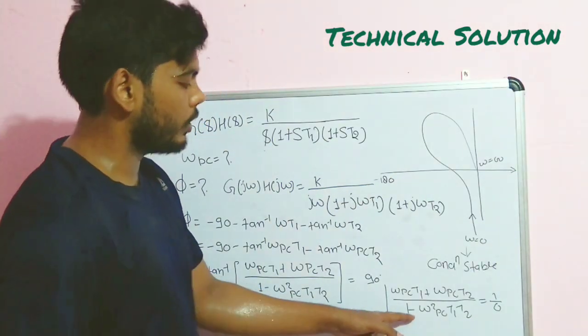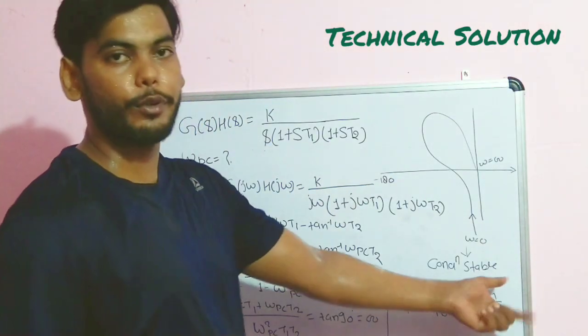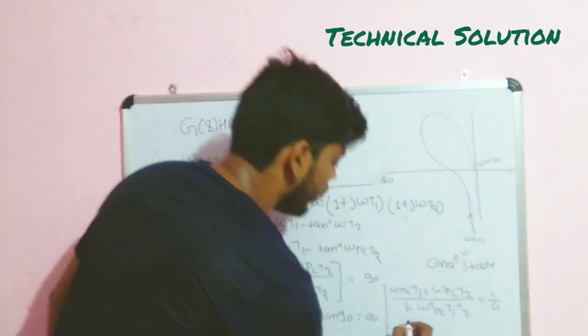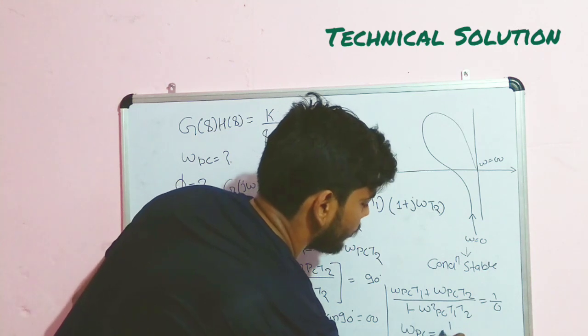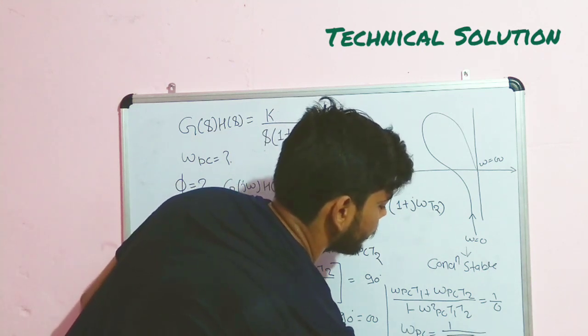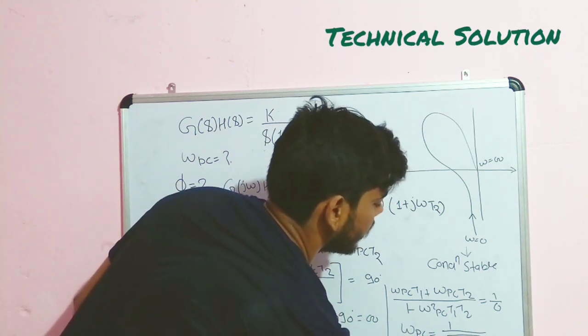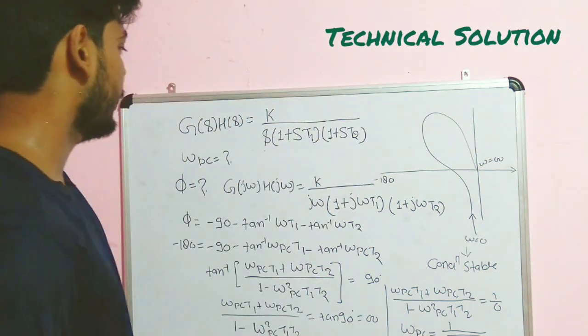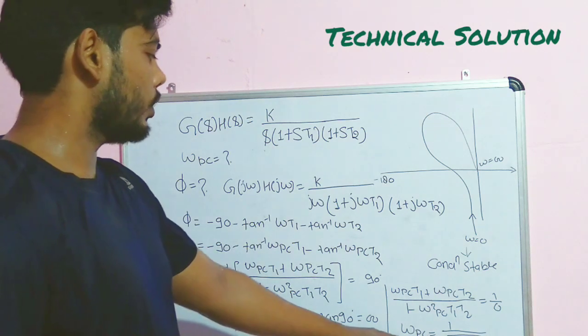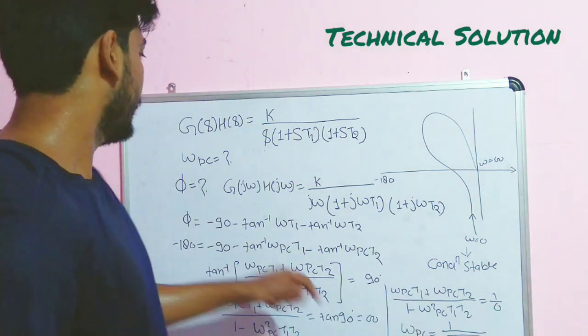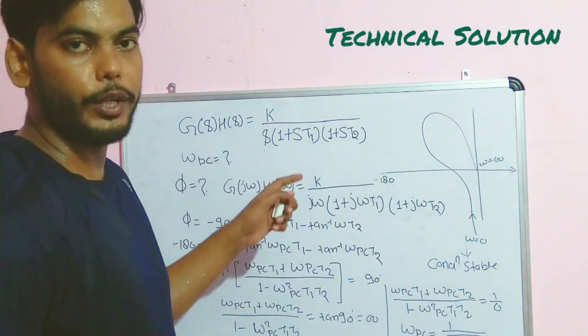So we equate 1 minus omega square pc t1 t2 equal to 0. Then we get omega pc is equal to 1 upon root of t1 and t2. After finding omega pc, we put the value of omega pc in the terms of magnitude.